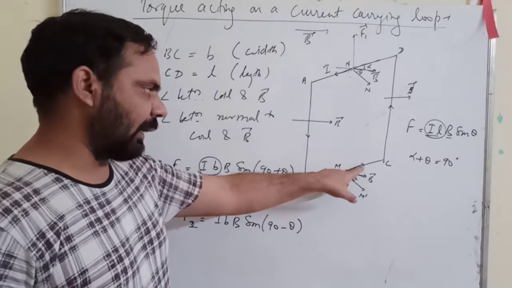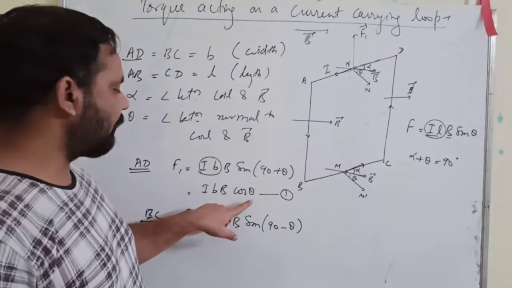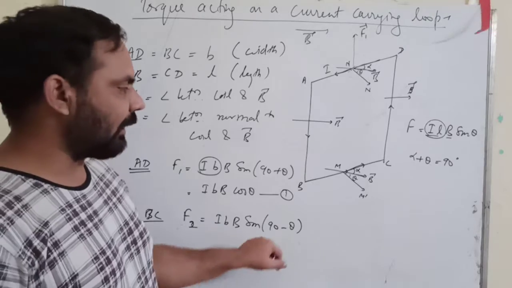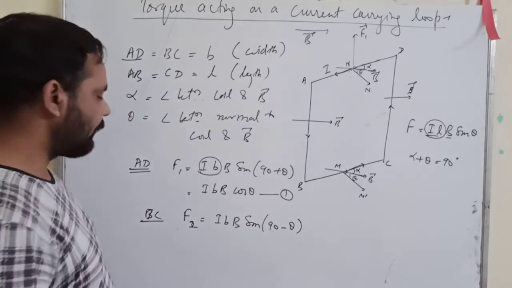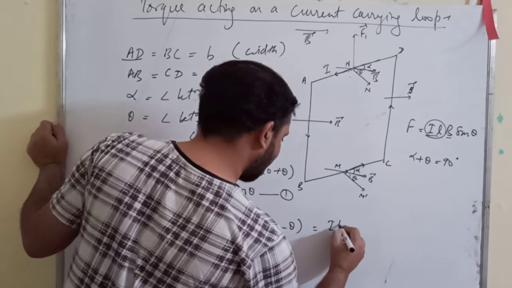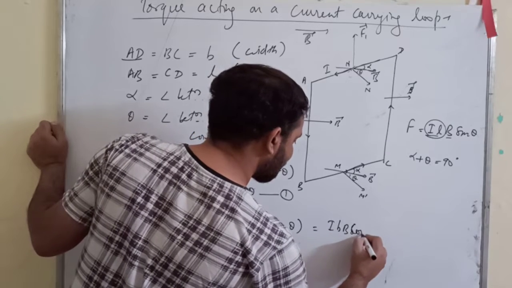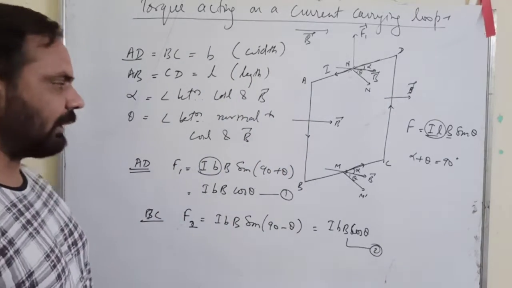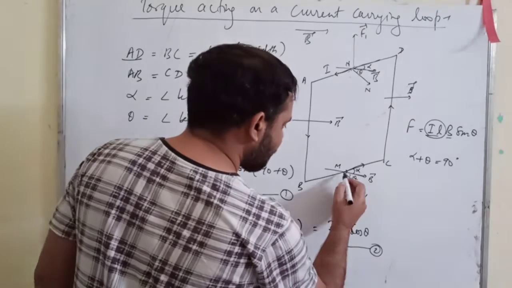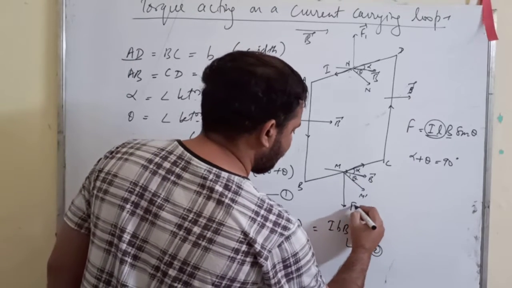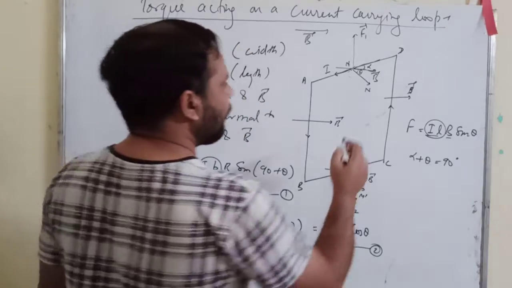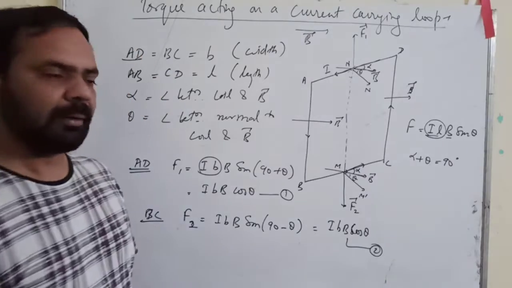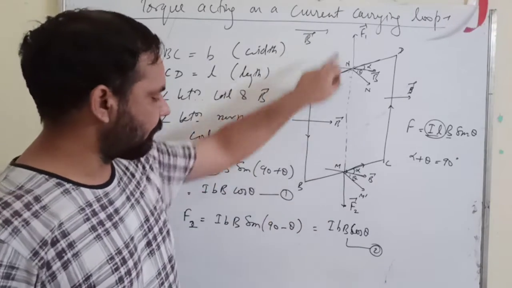So you have the angle between IL vector and B vector equals alpha, but since we obtained the formula F1 in terms of theta, sine alpha will be replaced by sine 90 minus theta, and you get here IBB sine 90 minus theta, which is cos theta. Now what is the direction? Direction is this one, F2, right?